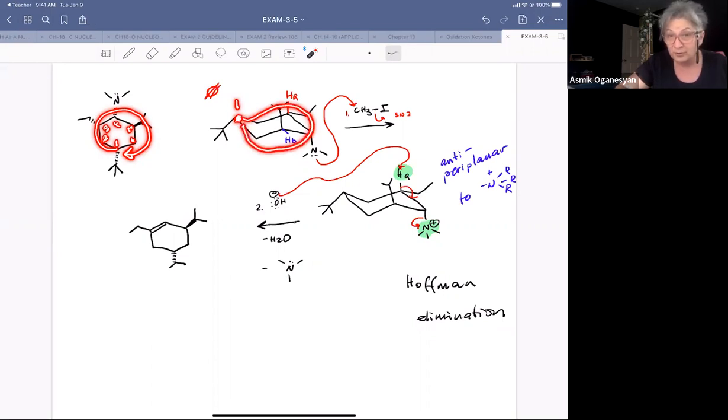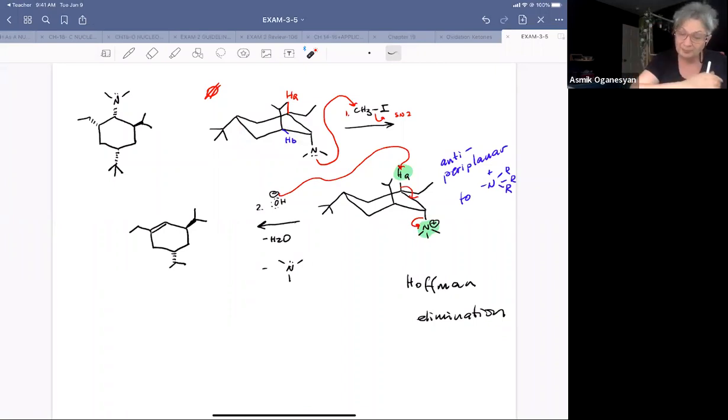Because if you don't, you're going to have a completely different molecule, because if you go in this direction, you will be putting your isopropyl group on this carbon, and that's not where it belongs. Your ethyl is not here. And I see this mistake over and over too many times.